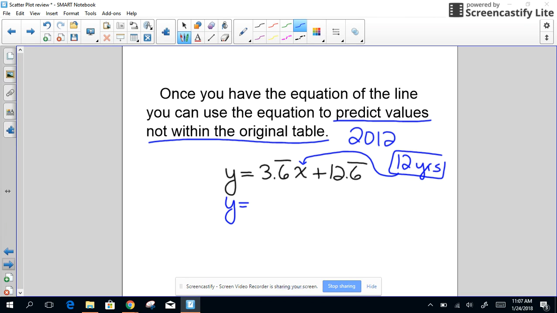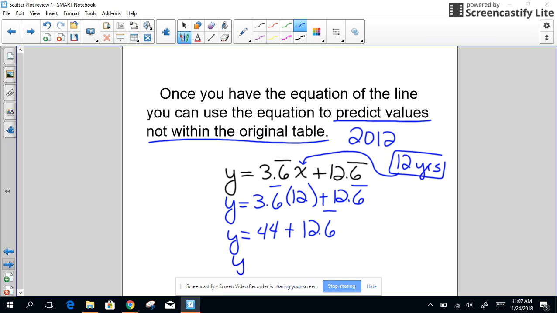So doing so, you can see I put 12 in for x and I add 12.6 repeating. Multiplying out, I would find that y would be equal to roughly 44 plus 12.6. And y, or how many clusters I have, would be 56.6 repeating.